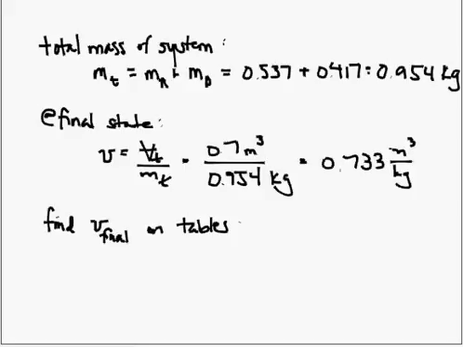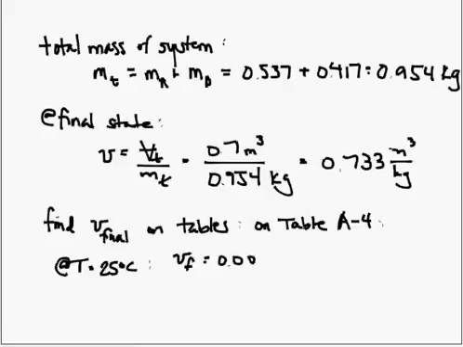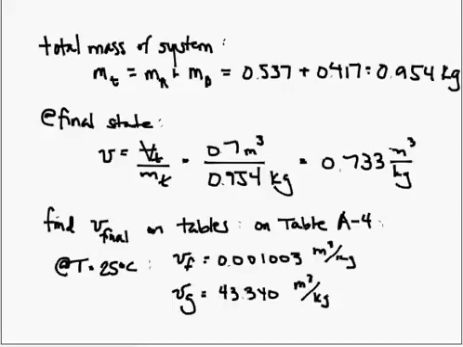So we're going to go back to table A4. And at 25 degrees C, which we know is our final state, we find that saturated liquid specific volume is 0.001003 cubic meters per kilogram. And the specific volume of our saturated vapor is 43.340 cubic meters per kilogram.